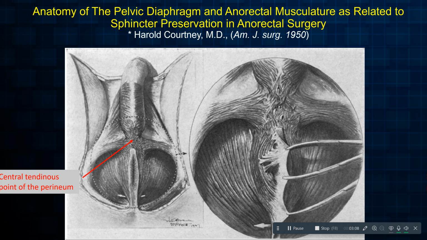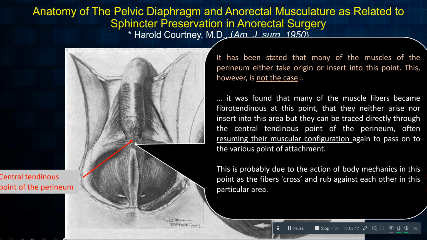So this is the anatomy of the pelvic diaphragm from a male subject. You can see the central tendinous point of the perineum. It has been stated that many of the muscles of the perineum either take origin or insert into this point. This, however, is not the case.